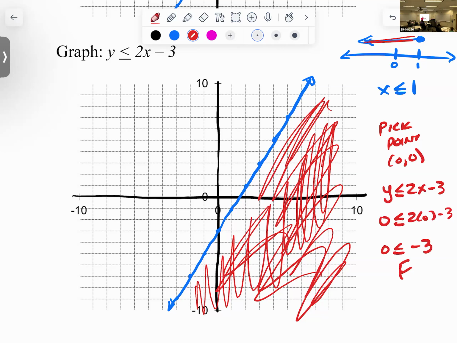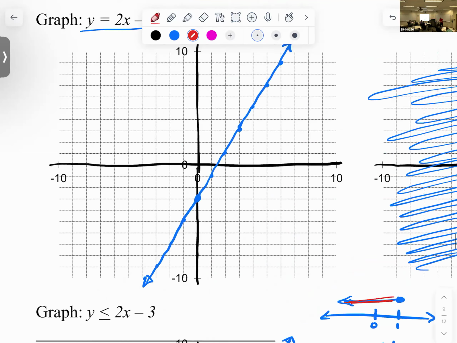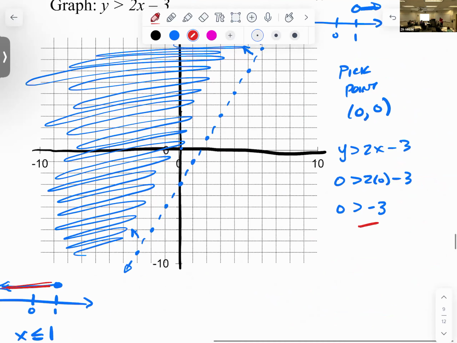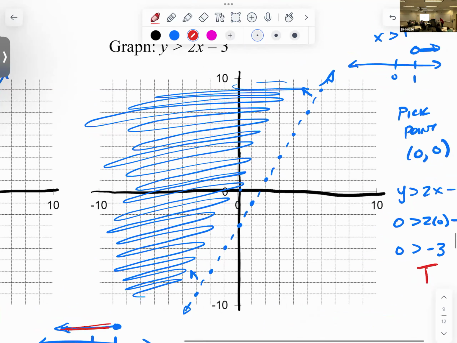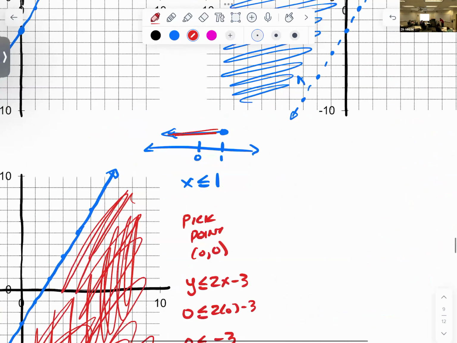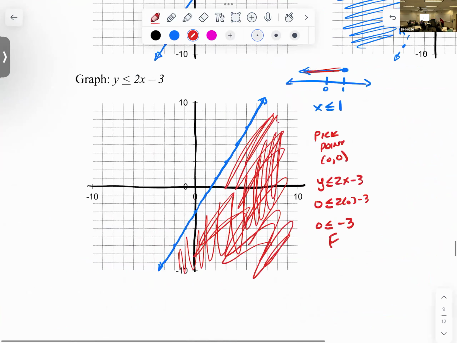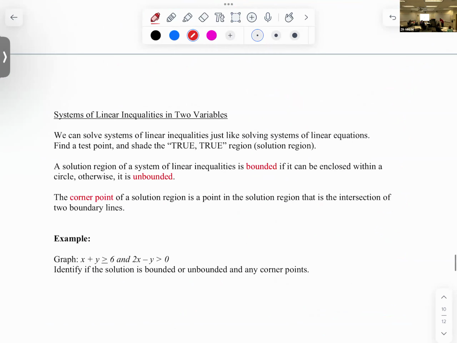So I would shade the other side. And so that's how the pick-the-point part works. When you have a true statement, you shade that point and everything around it. When you have a false statement, you don't shade that point or anything around it. So it's just one additional test as we solve the equation.